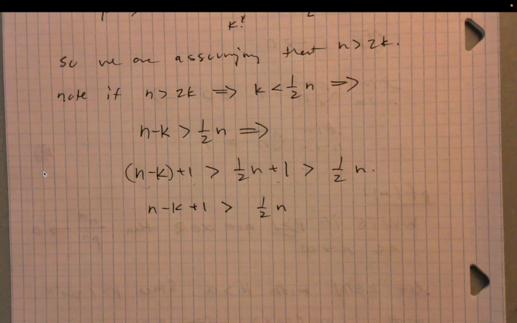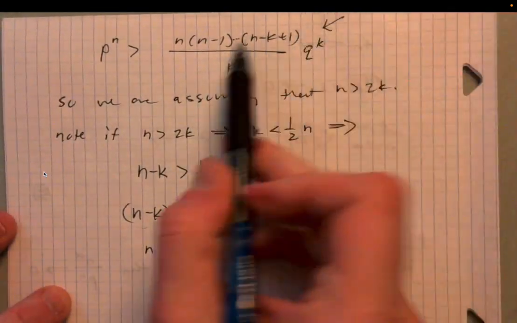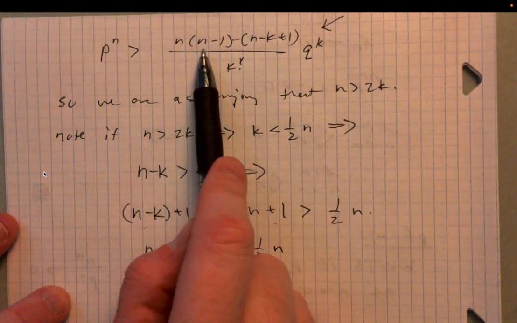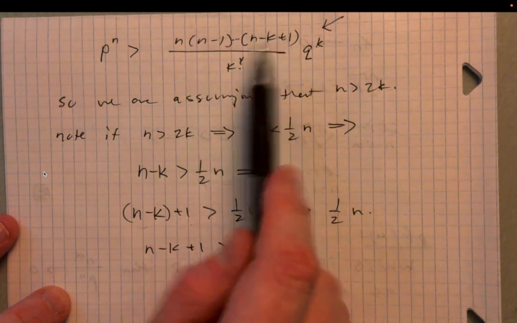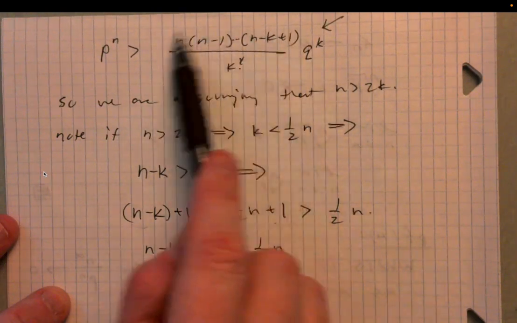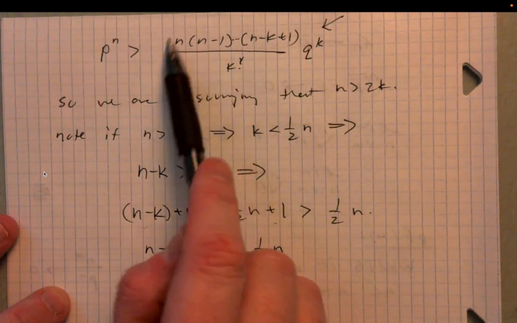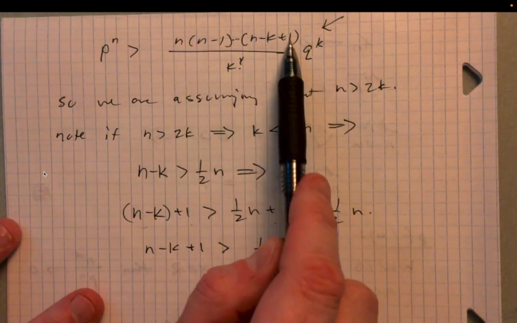Okay, and so what's the significance here? Well, if you look up above this expression, you've got n, and then n minus 1, and n minus 2, dot, dot, dot, n minus k plus 1. The terms in this product start large. n is the largest, and n minus k plus 1 is the smallest.